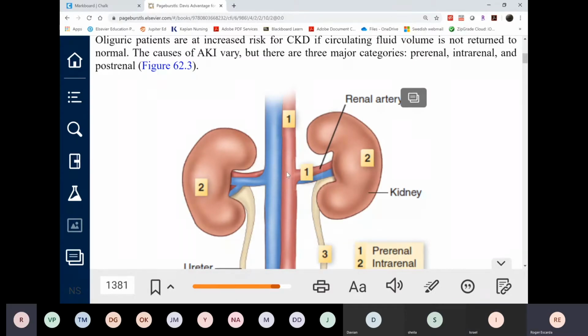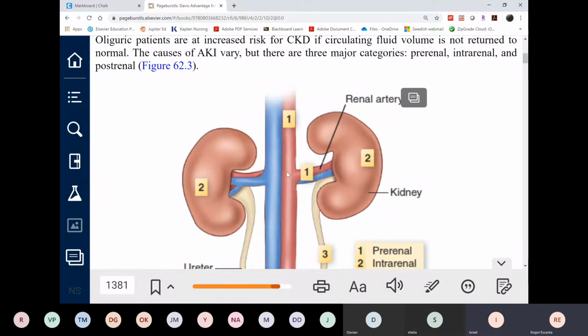Or let's say Trinessa decides to have major surgery to trim down her waist, to shape her body like an hourglass, and then she bled a lot during the surgery. Can that lead to pre-renal kidney injury? Yes. All right, so Trinessa, don't do that, okay? You're beautiful the way you are.